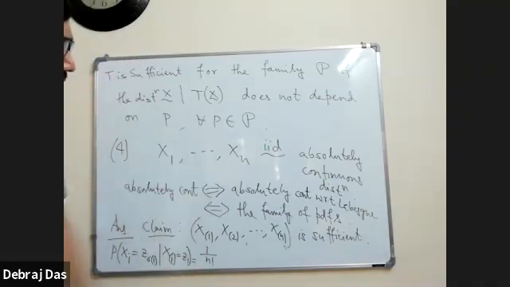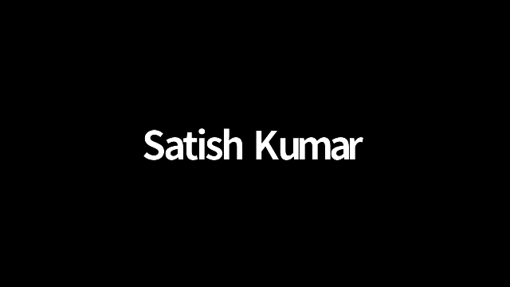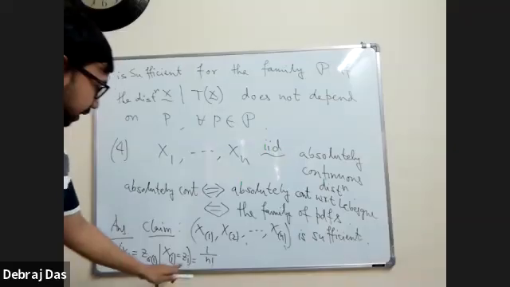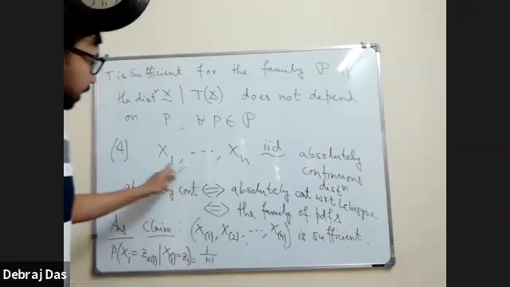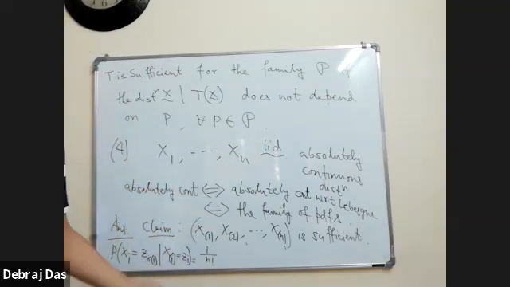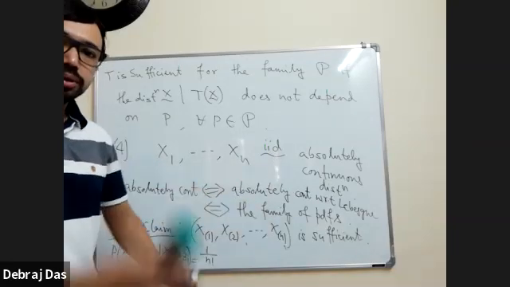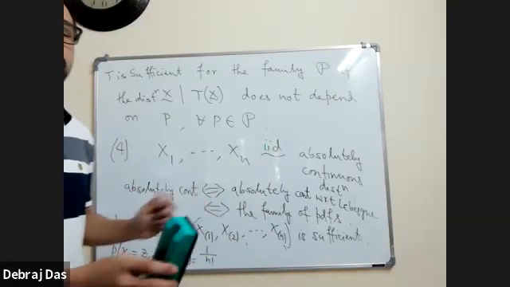Because each one has the same probability, right? Given that the order statistics take these values z1 to zn, X1 to Xn can take any permutation with equal probability, because these are absolutely continuous, so there is no distinction between two values.